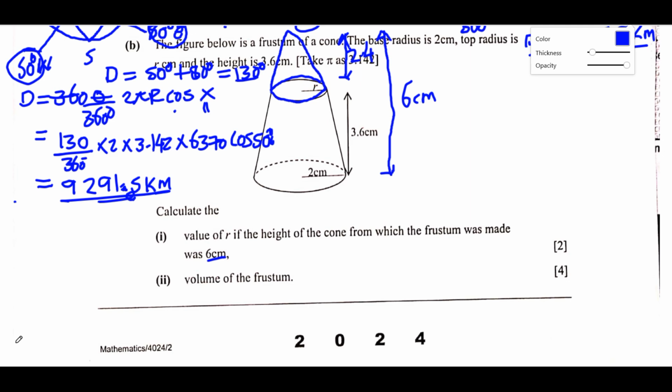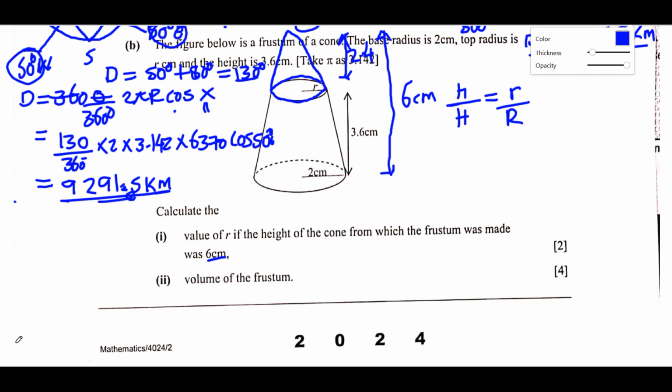Now to find r, we are going to use the principle from similar figures. Height of the smaller cone divided by height of the larger cone is equal to radius of the smaller cone over radius of the larger cone.